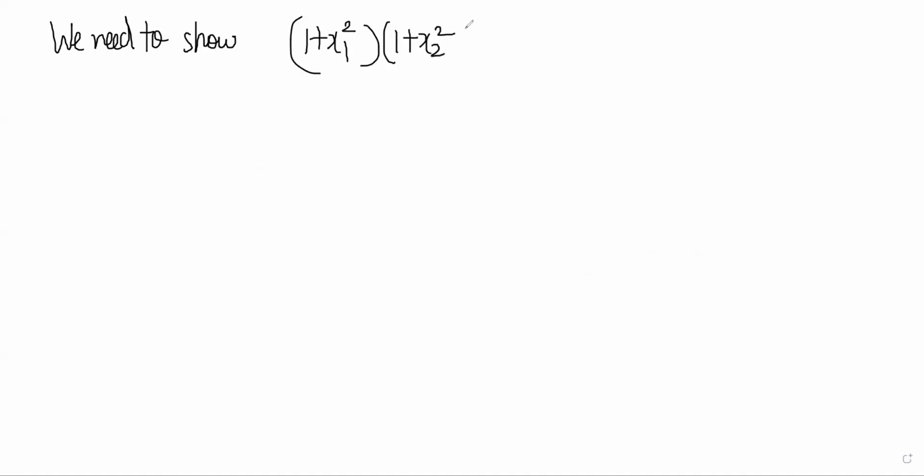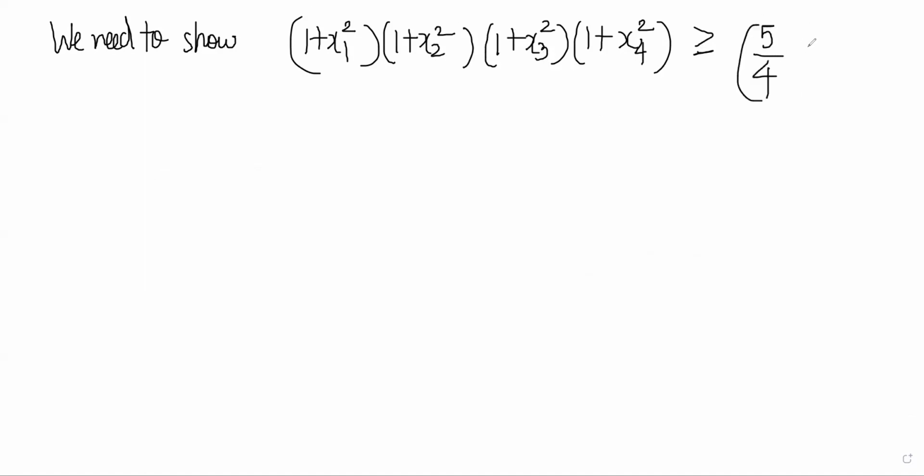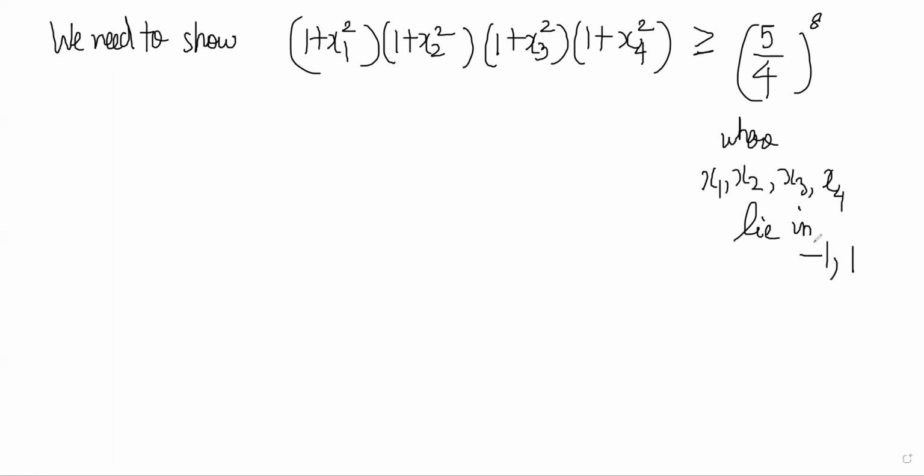So technically now we need to show that (1 plus x1 square)(1 plus x2 square)(1 plus x3 square)(1 plus x4 square) is greater than or equal to (5 by 4) power 8, where x1, x2, x3, x4 lie in the interval -1 to 1. So this is what it boils down to. This is what we have to prove.